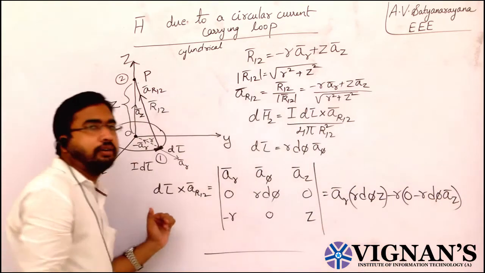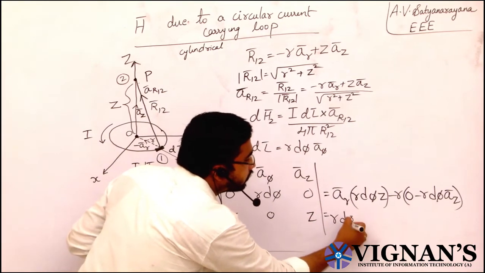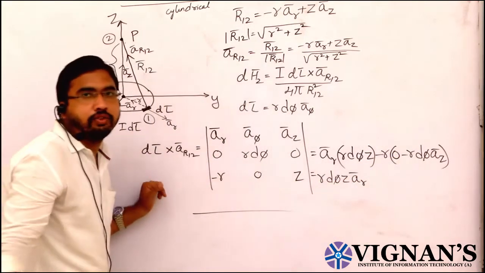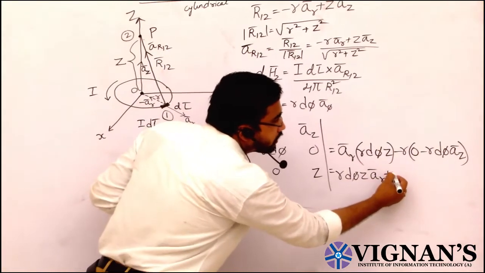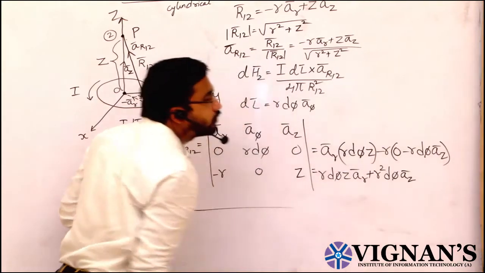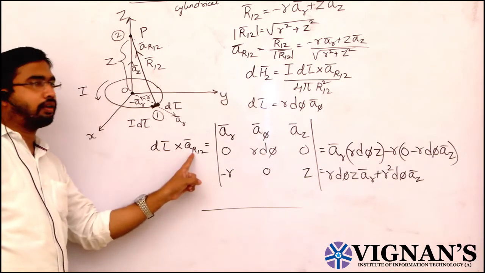This is the determinant value. So r d phi z ar bar, minus into minus will be plus r square d phi az bar. Okay, this is the value of the cross product dl bar cross ar12 bar.